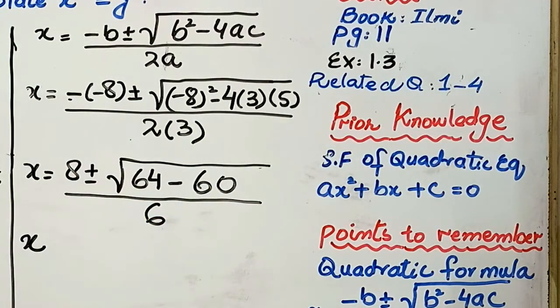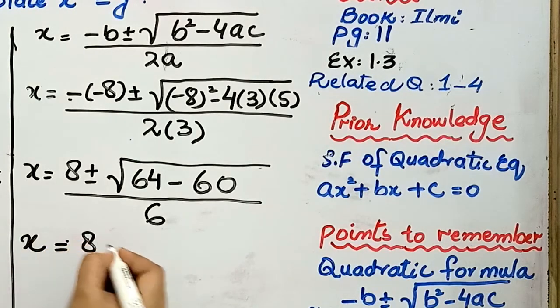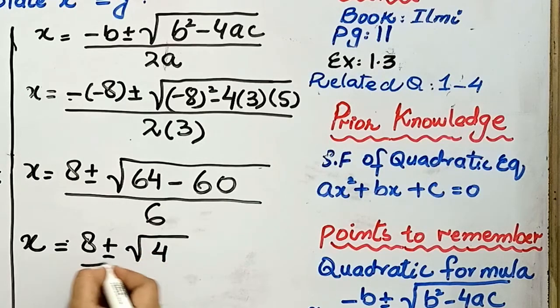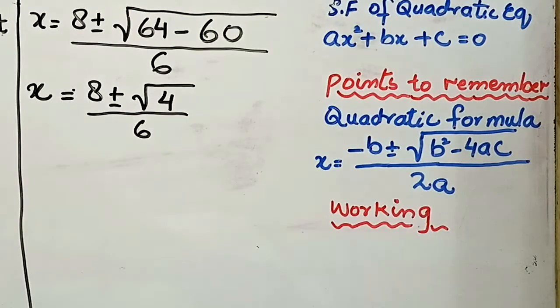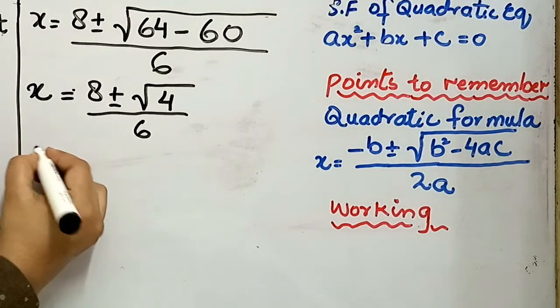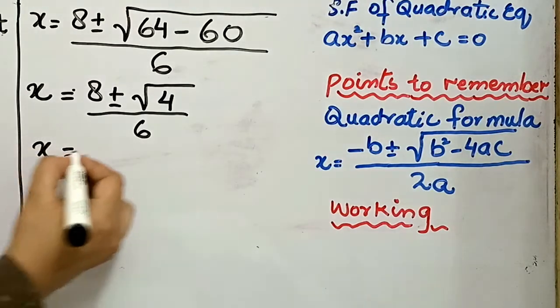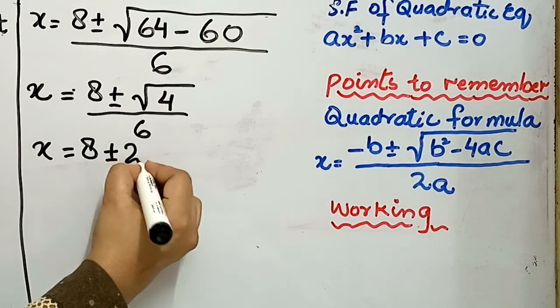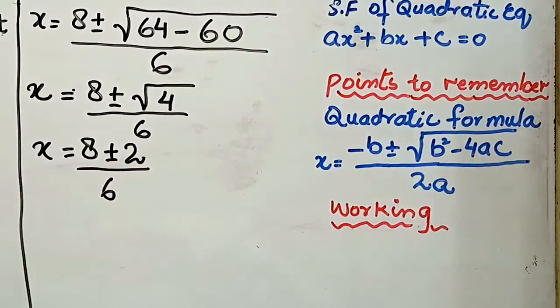X is equal to 8 plus minus under root 4 by 6. X is equal to 8 plus minus 2 by 6, since under root 4 is 2.